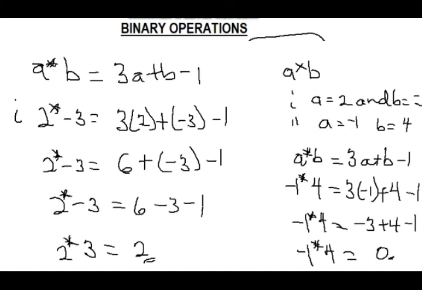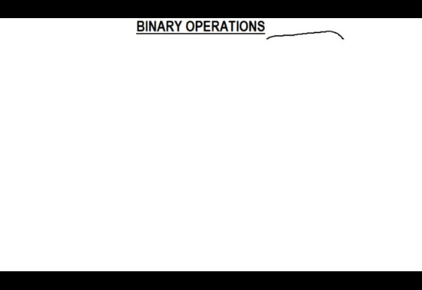Okay, so now let's take the last example under this one. Then after that, we look at the properties of binary operations. The next one says that the operation is defined on a set of real numbers by m small o n, which is equal to the square root of mn, where the positive square root is taken.